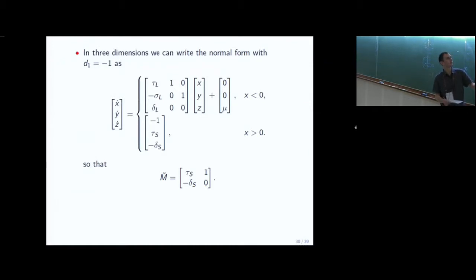And so instead of D2 and D3 we get minus D2 and minus D3 here. So we might as well call them tau S and delta S, because those are the trace and determinant of this matrix. So I think these are nice names for the parameters. So now we've got 5 parameters in addition to mu.